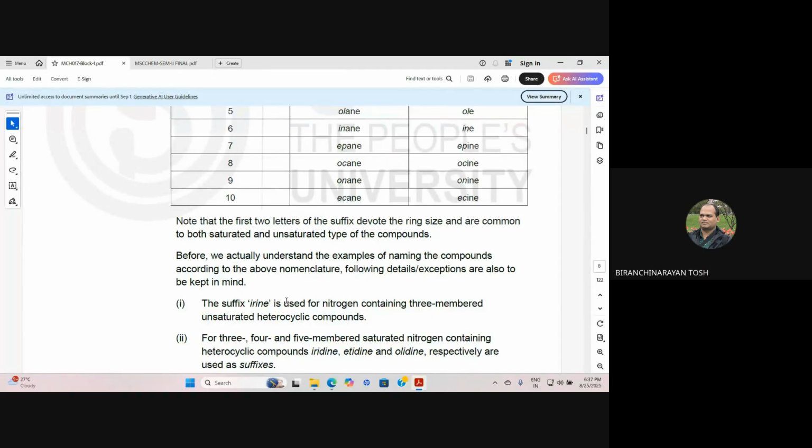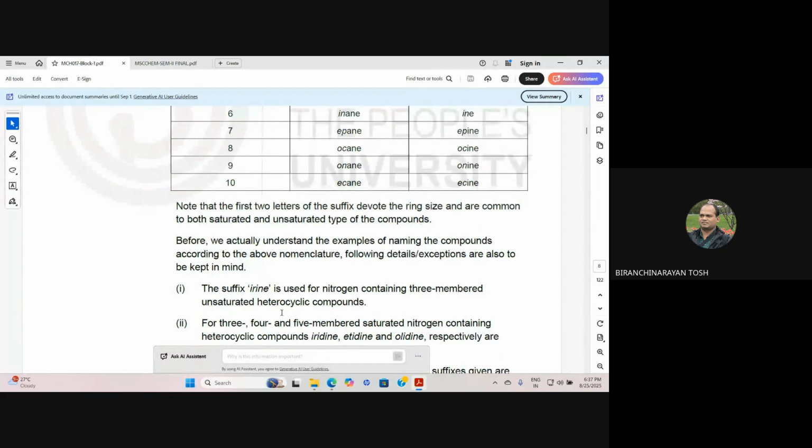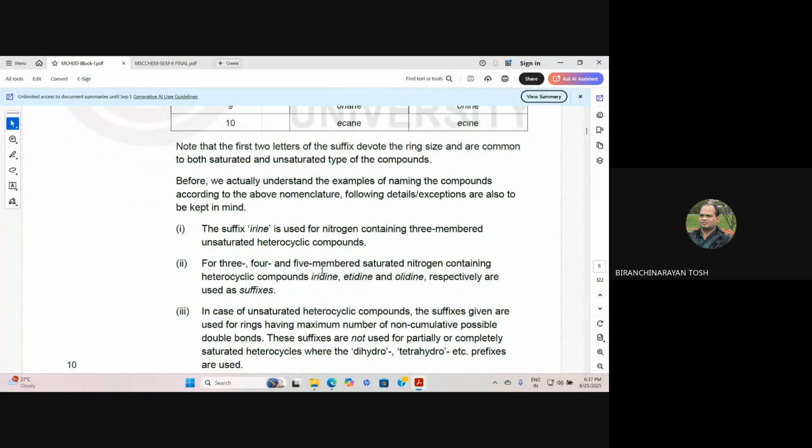This is the exception. Then again for 3, 4, and 5-member saturated nitrogen containing heterocyclic compounds, that is an exception.